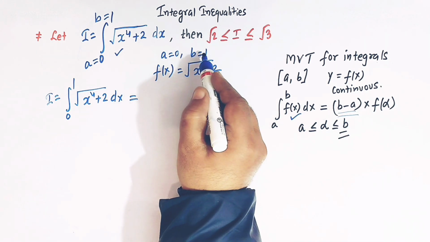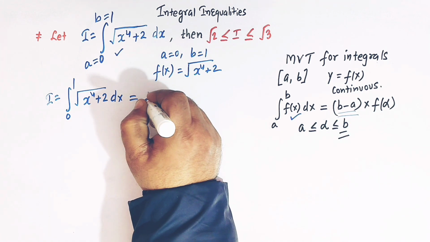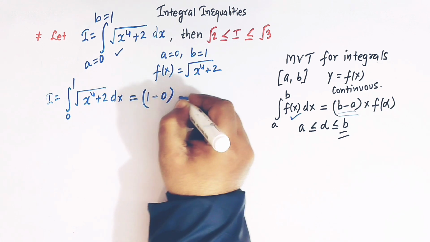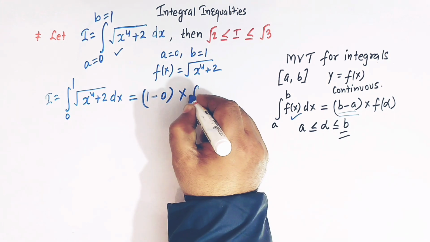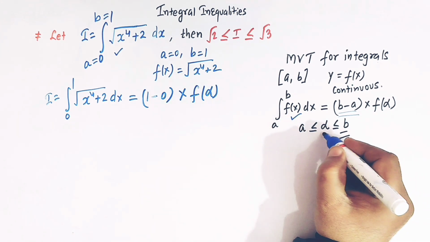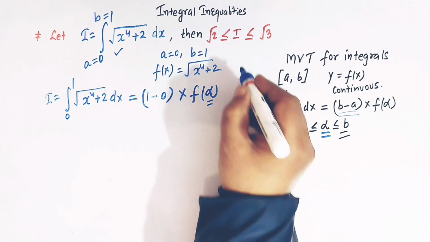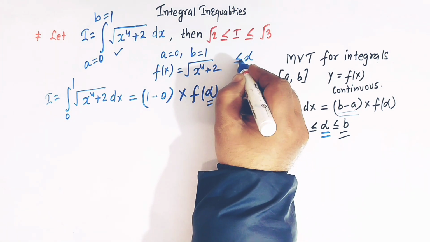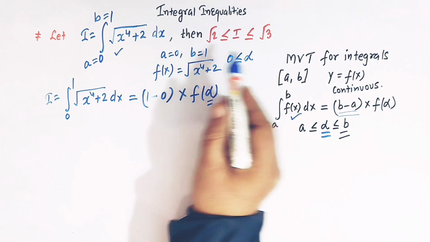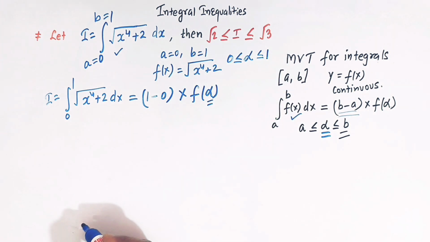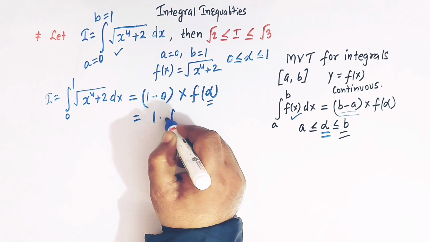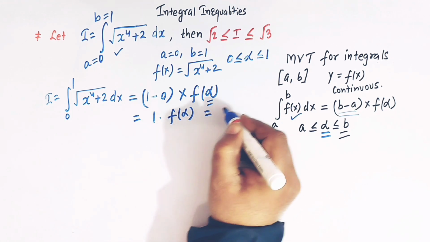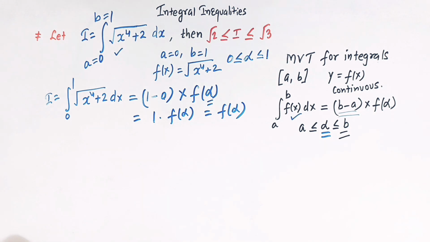B is 1, a is 0, so we have 1 minus 0, and then multiplied with f of alpha, where alpha is some number which lies between 0 and 1, right? So 1 minus 0 is simply 1. So we have 1 times f of alpha, that is equal to f of alpha.